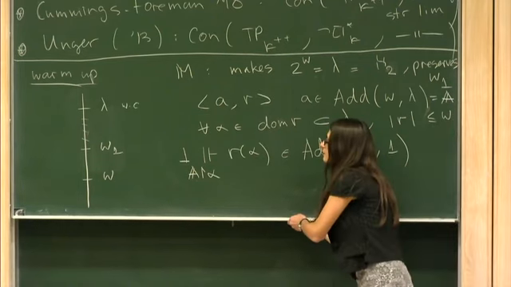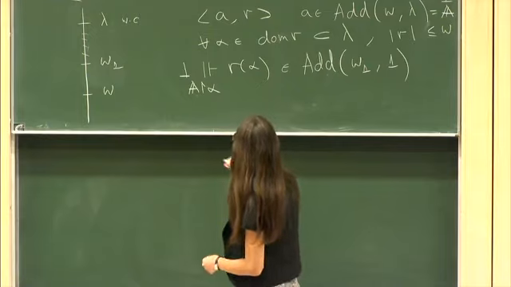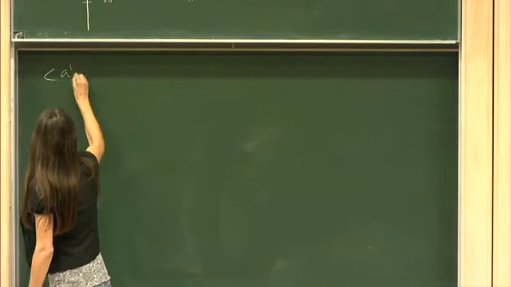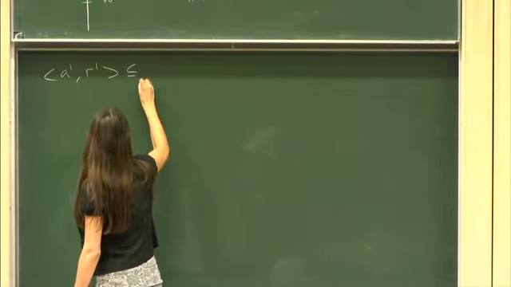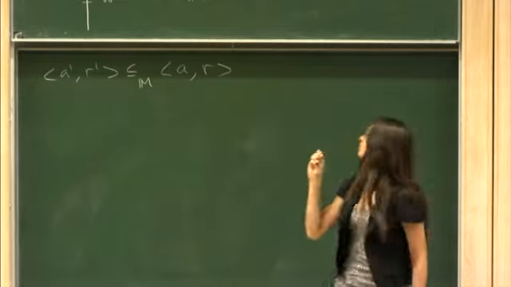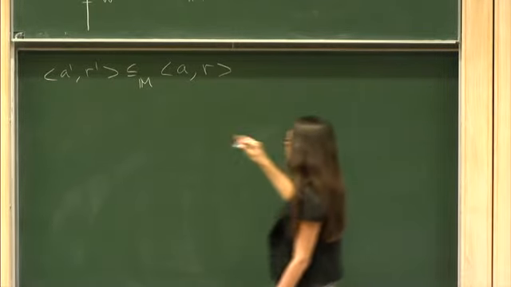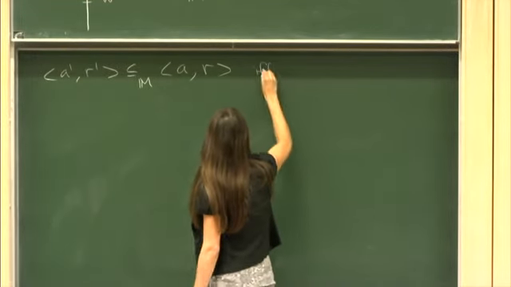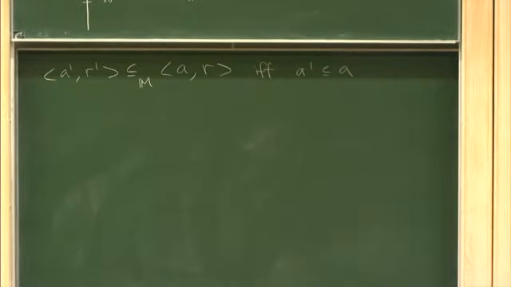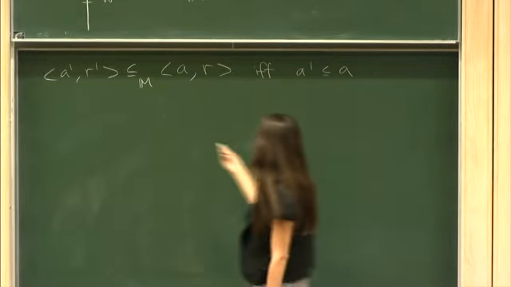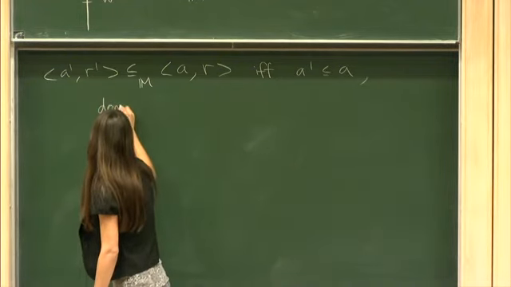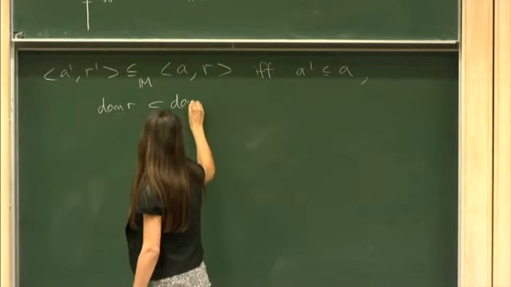Well, I haven't given you the order yet. Let me give you the order. So (A', R') is less than or equal to (A, R) if, well, the first coordinate is the only thing it could be, so A' extends A in the add poset, and we have that the domain of R is a subset of the domain of R'.